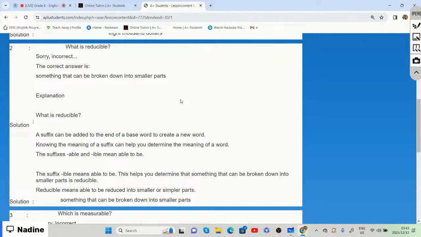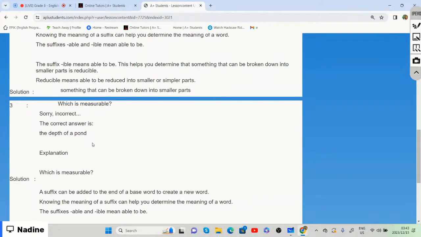It means to reduce into smaller groups or smaller parts, breaking something down into smaller things.